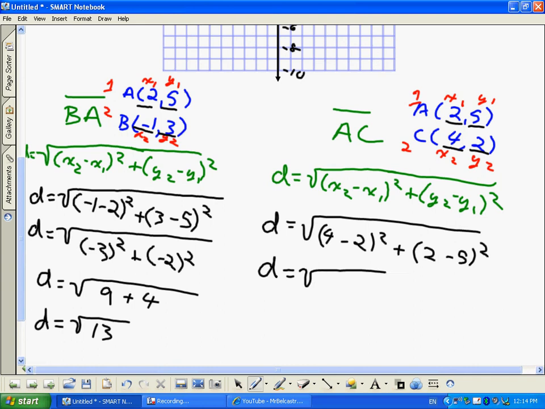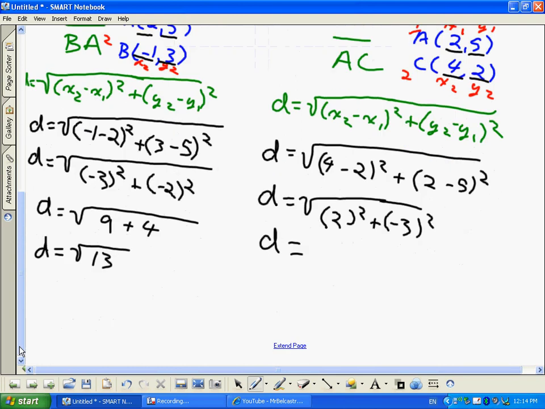D is equal to the root of 2 squared plus negative 3 squared. D equals root 4 plus 9. D equals root 13. So, we've already solved for 2 of the lines, and we know they're equal.